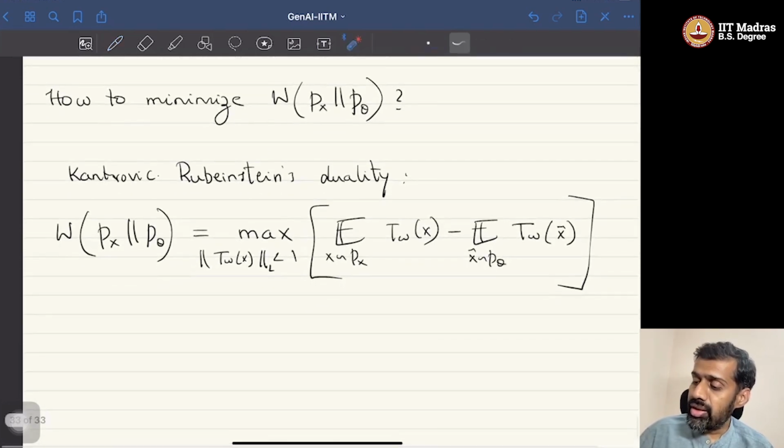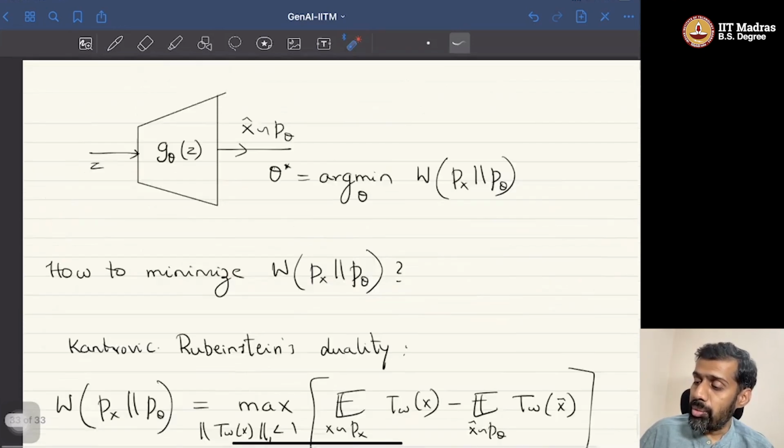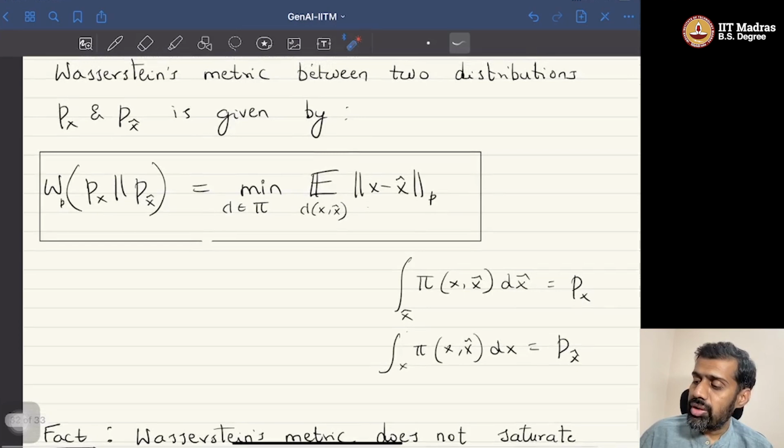There is this result called the Kantorovich-Rubinstein duality, that would tell you that the Wasserstein's metric between two distributions is given by this particular expression. So remember that our definition was minimizing the optimal transport, and if the students here know about the duality of optimization, every minimization problem can be represented using a dual problem which involves a maximization.